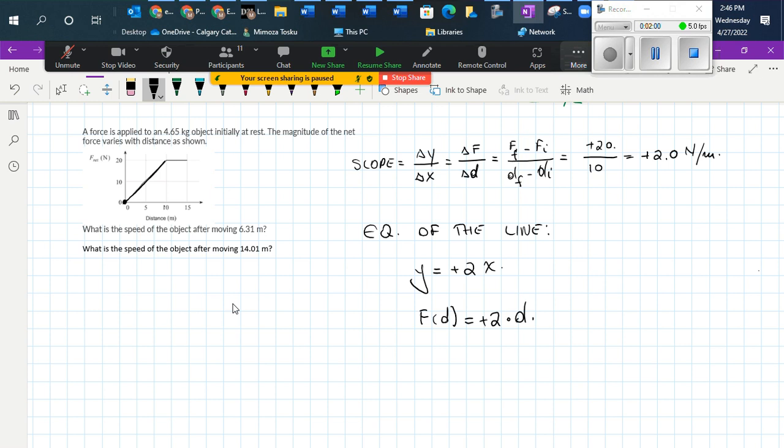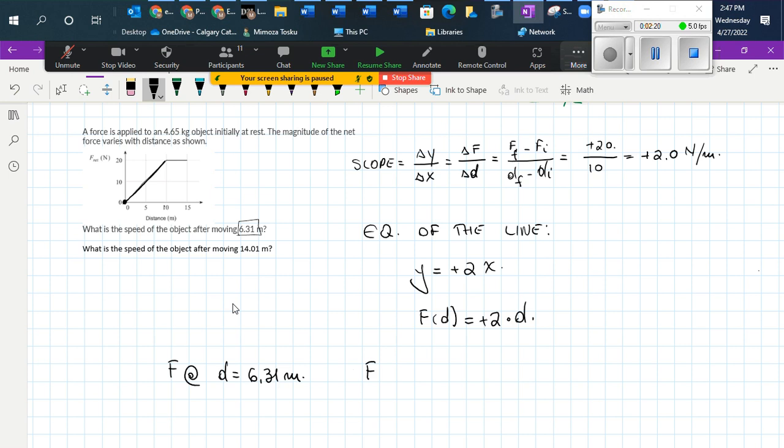To find the speed at 6.31 meters, first we'll find what is the force at d equals 6.31 meters.